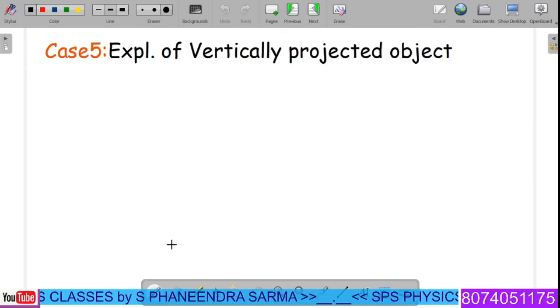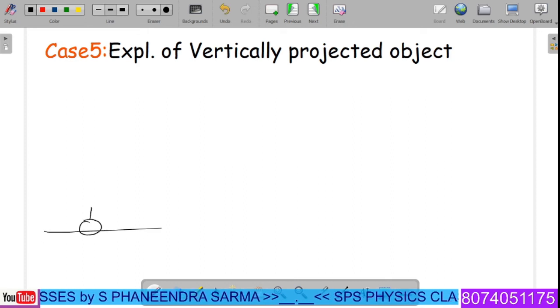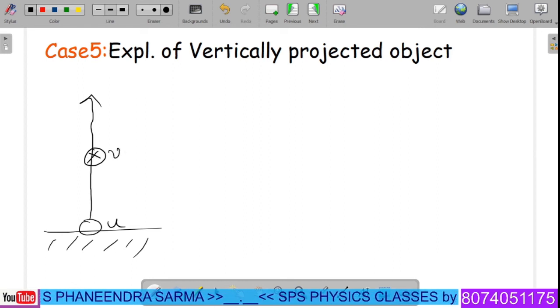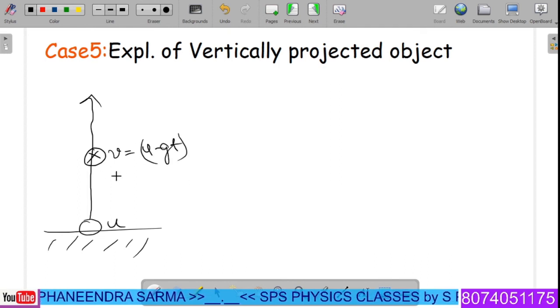And let us consider the explosion of a vertically projected object. Consider a bomb which is projected vertically upward from the ground with initial speed of u. Upon traveling for some time, just before explosion, the velocity of the object is v equal to u minus gt.